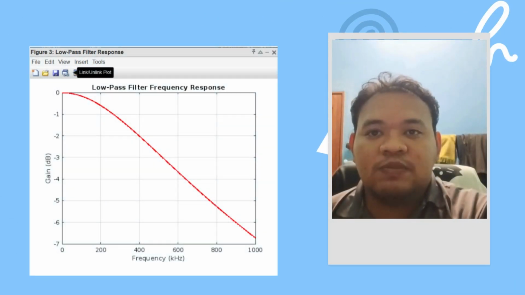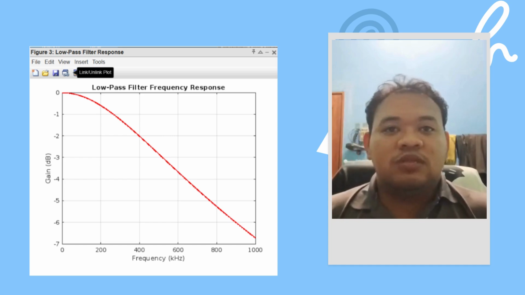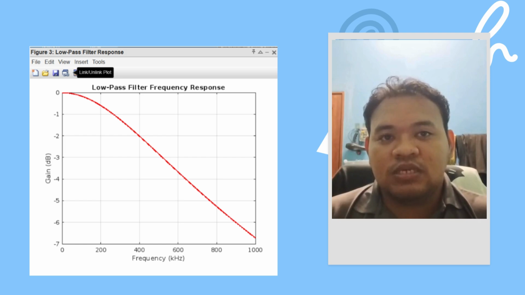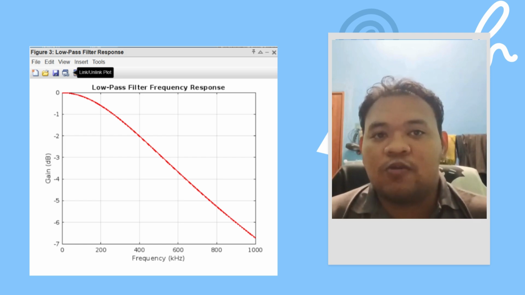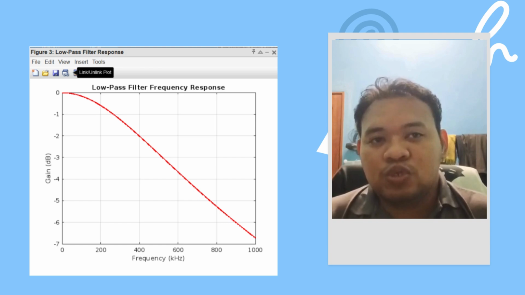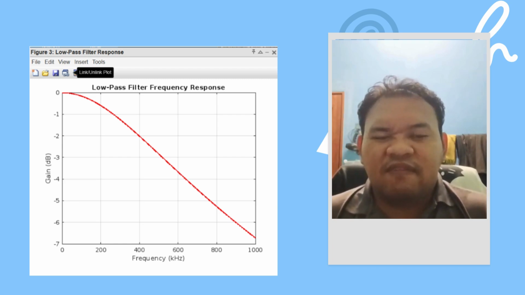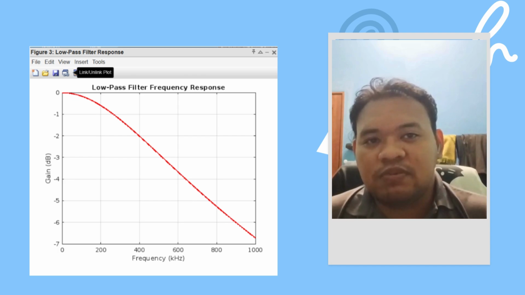And the last one, part 3 for me, is the low pass filter frequency response. The frequency response of the designed low pass filter with a cutoff at 520 kHz shows the classic behavior of a first order filter. It has a flat gain of near 0 dB for frequencies below the cutoff, and then it gradually attenuates the signal beyond that point.